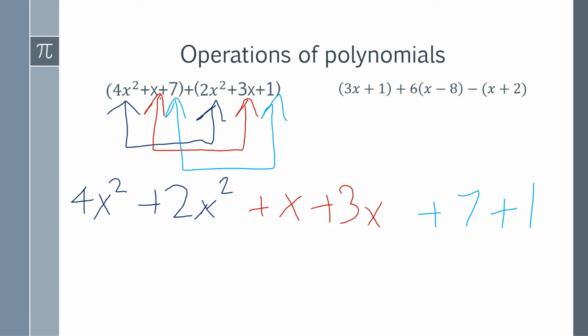Let's put everything together by like terms. 4x squared plus 2x squared, that's just 6x squared. Sorry, I'm gonna do all that in black. 6x squared.